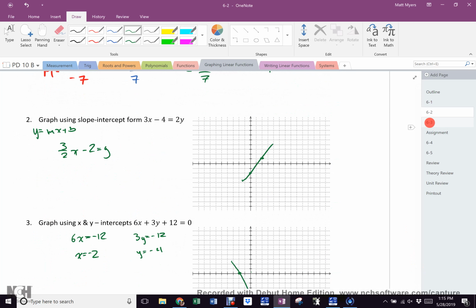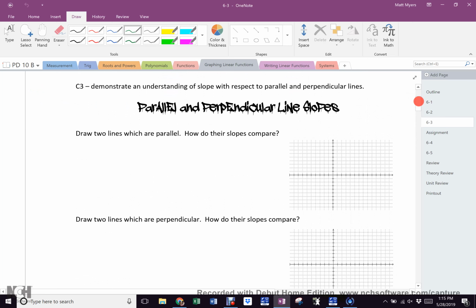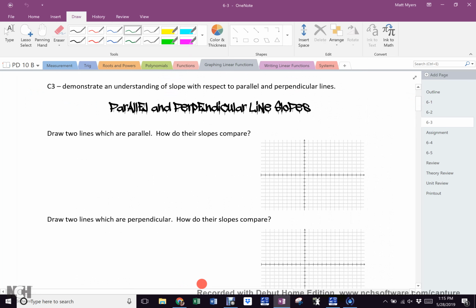All right. Okay, 235, please. It's a very quick lesson today, but it's a little weird. Everybody put a dot at negative 5, 0, and 0, 4.